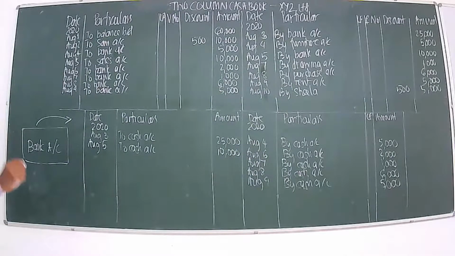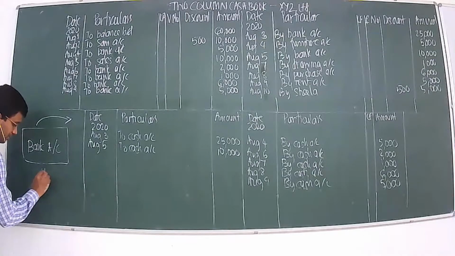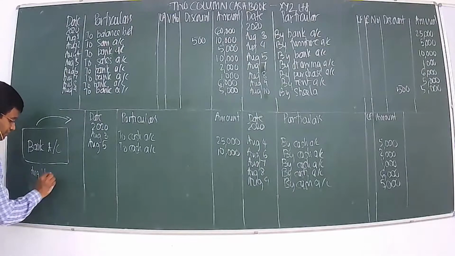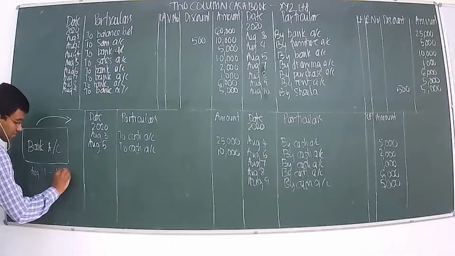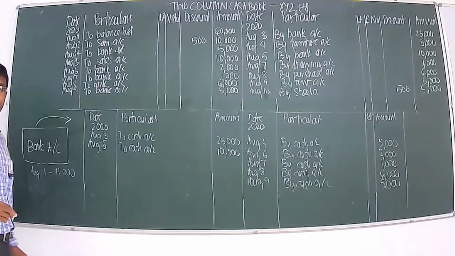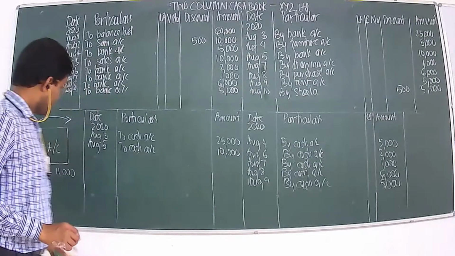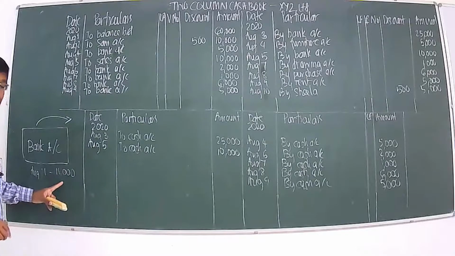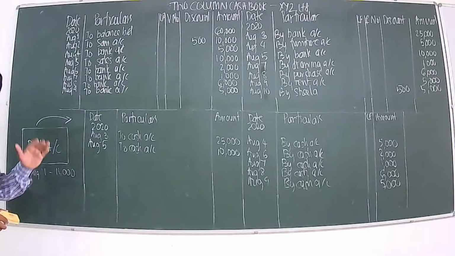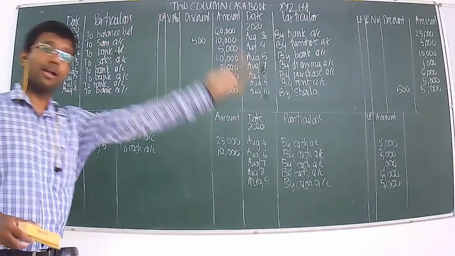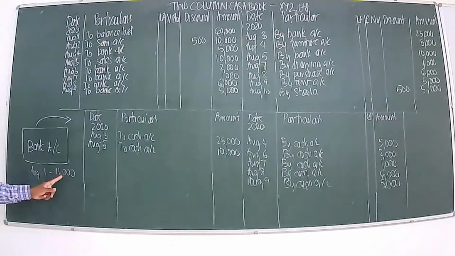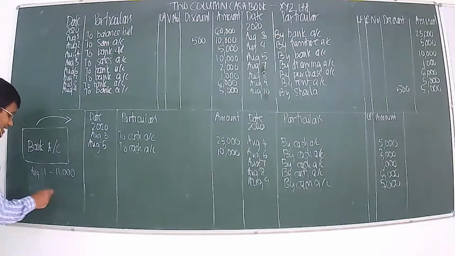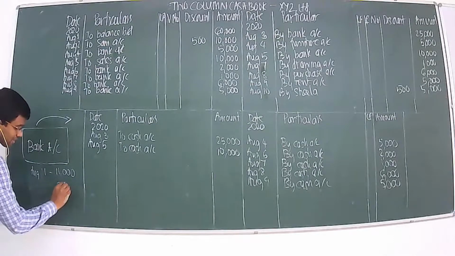Let's say on August 11th, your cash balance was 11,000. So excess of 2,000 means any amount over and above 2,000. So how would you find that? 11,000 minus 2,000, which means the excess amount is 9,000.